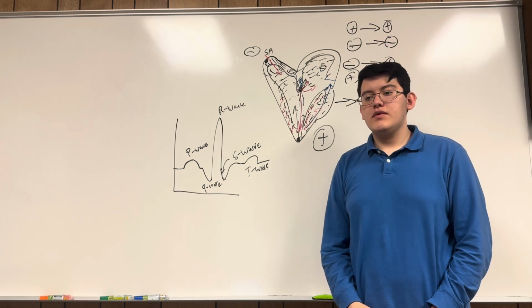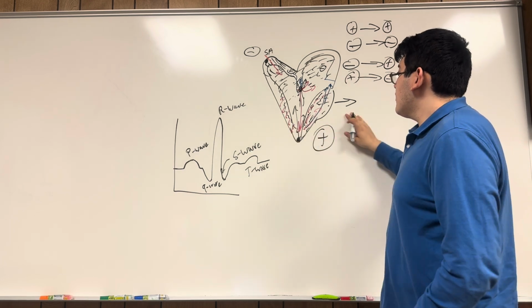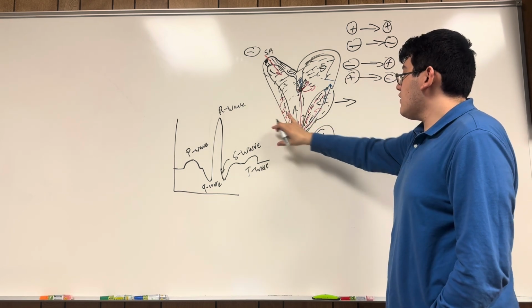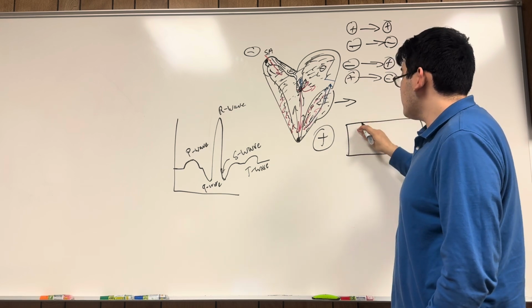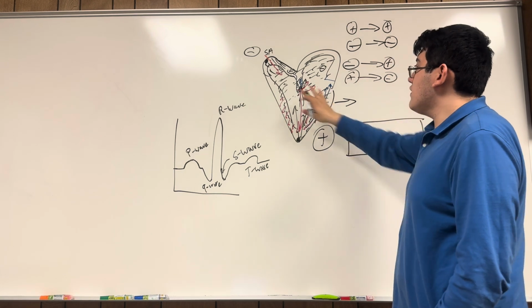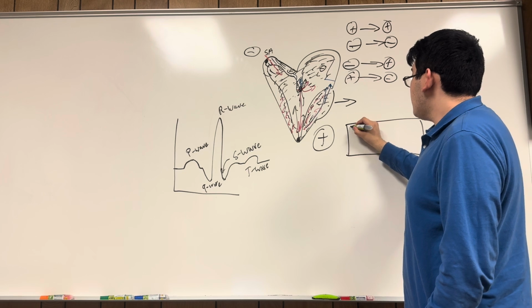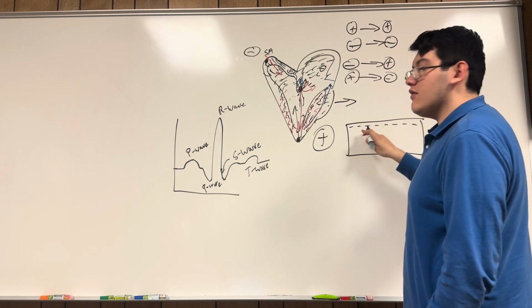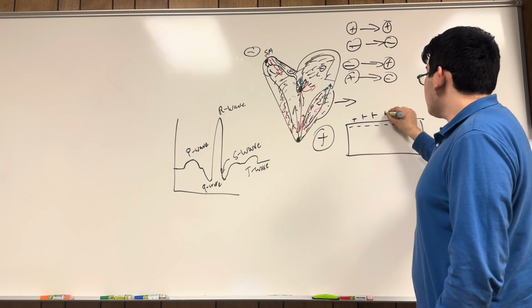Yes. Anything else? To refresh on this, the way this works, it looks like a little box here, and this would be the membrane. As we can see here, when the cell is polarized, the inside of the cell tends to look like this, negative, while the outside looks positive.